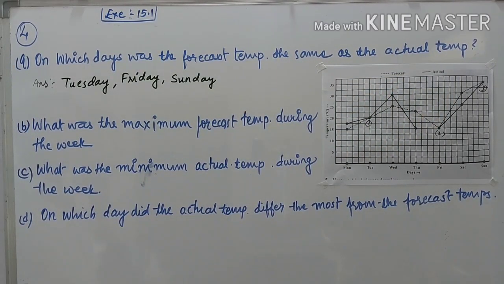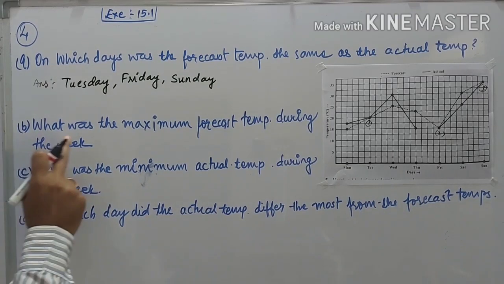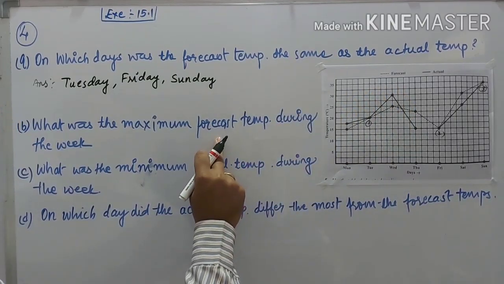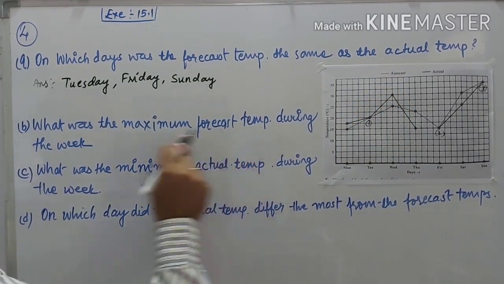Okay, and the second question asks what is the maximum forecast. Maximum forecast means you look at the dotted line and the maximum temperature during the week.